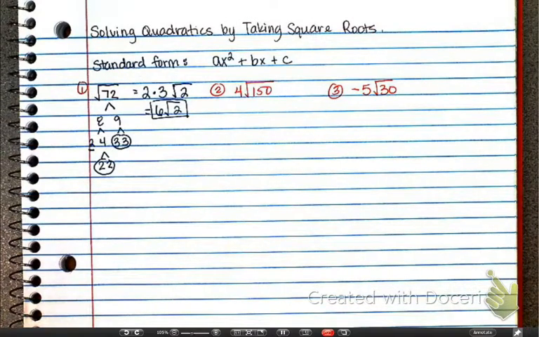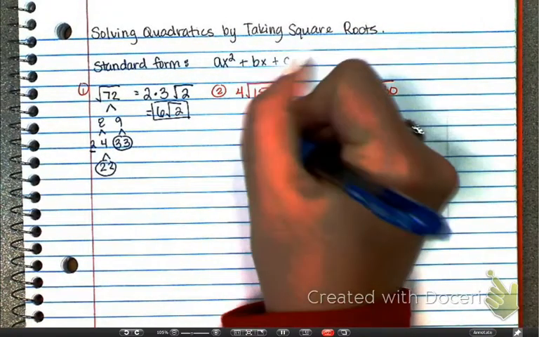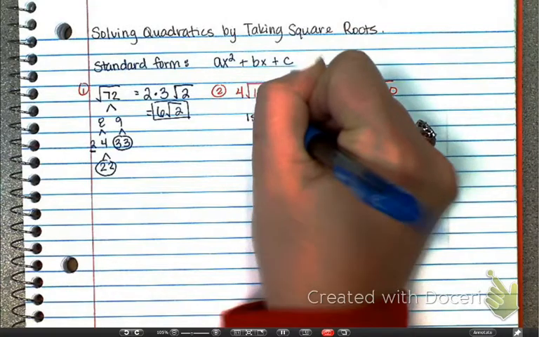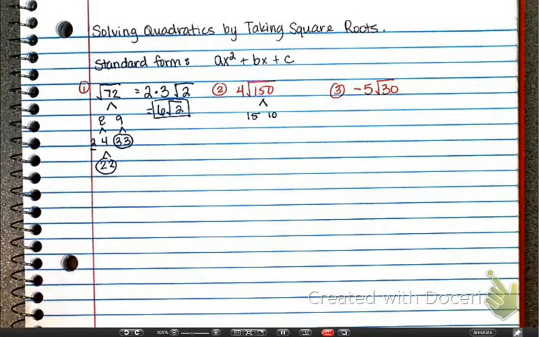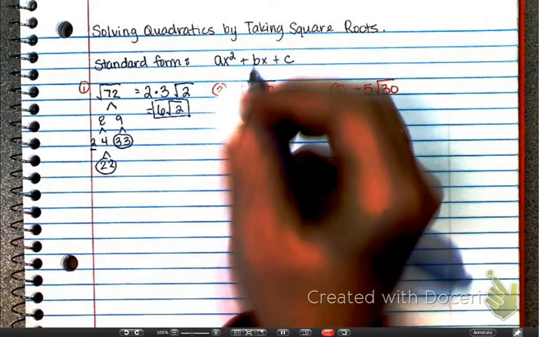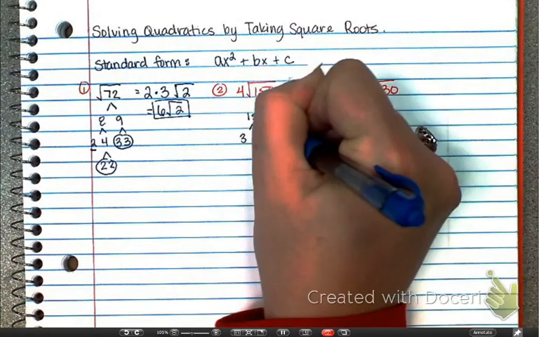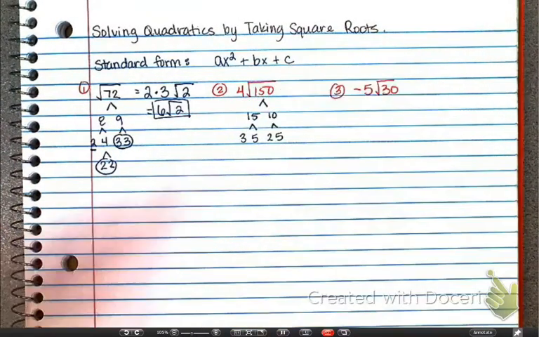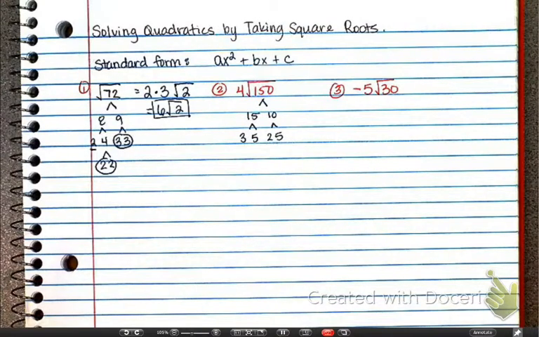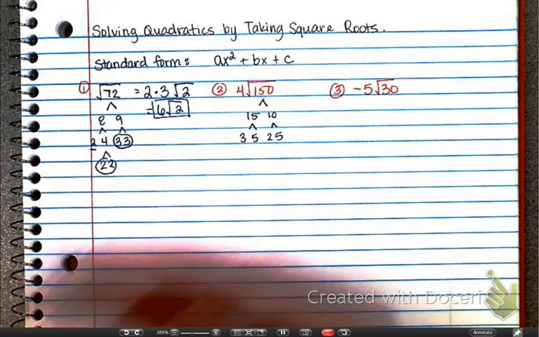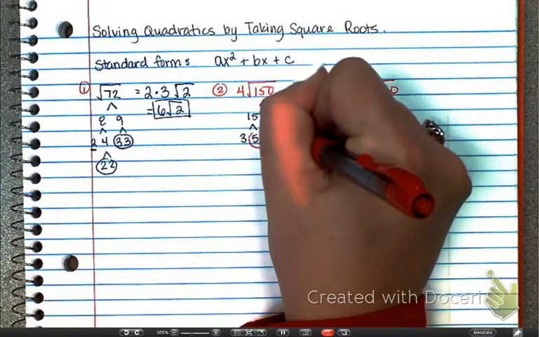Okay, if I break down 150, 15 and 10, not 50 and 10, right? 15 and 10. 15 breaks down to 3 and 5. And then 10 breaks down to 2 and 5. Remember that your pair does not have to be next to each other. So I have a pair of 5s.